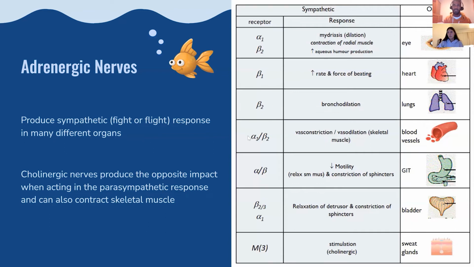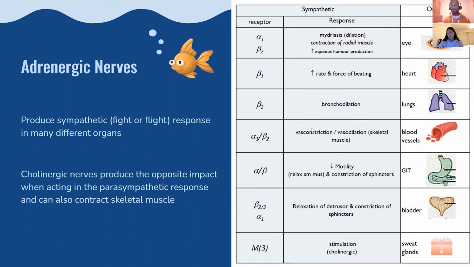The other thing just generally is that activation of alpha receptors will constrict blood vessels, and activation of beta receptors will dilate. The way I remember that is that A comes before B in the alphabet, and vasoconstriction comes before vasodilation as well. Constriction is alphabetically ahead of dilation.